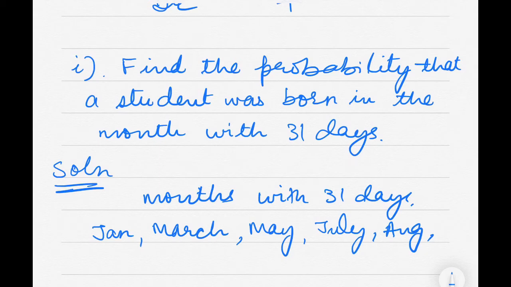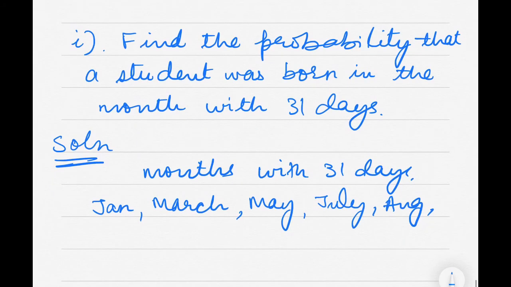So those are 31 days. This is how I was taught. My mom told me about this. So there are 7 months with 31 days.